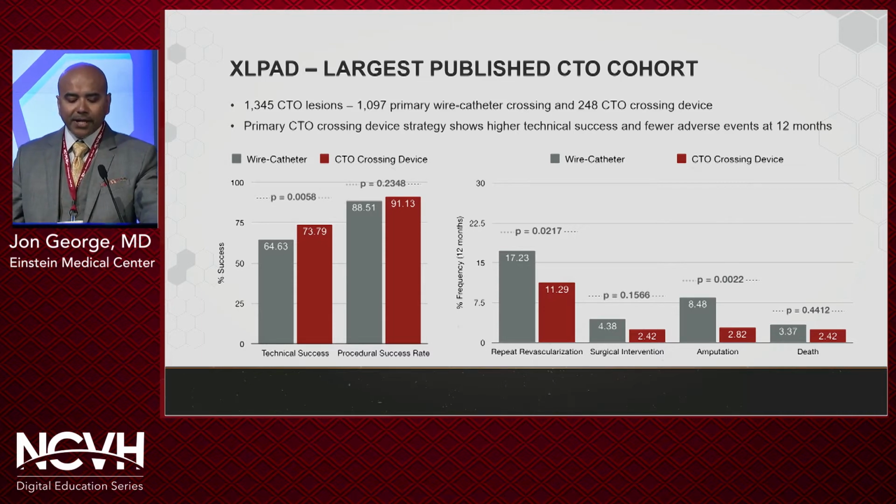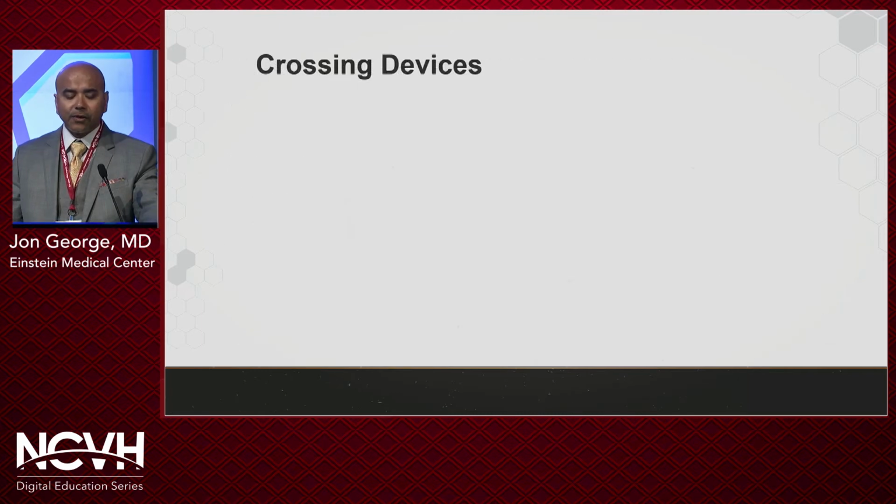And if you look at the breakdown of that as far as technical success rate, you see that the success rate is higher with a primary CTO device crossing strategy. If you look at the results as far as frequency of repeat revascularization and amputation and death, again, there's a benefit based on this registry of using a primary CTO crossing device in crossing these occlusions.